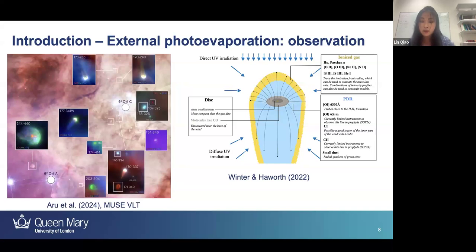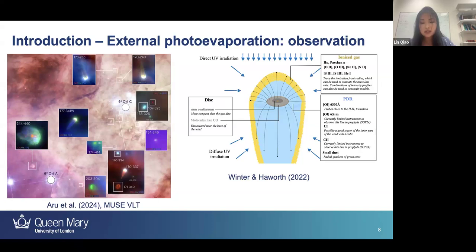For modeling proper 2D or even 3D hydro disk with external photoevaporation, that would be proper radiative transfer hydrodynamics. Those would be very expensive simulations.